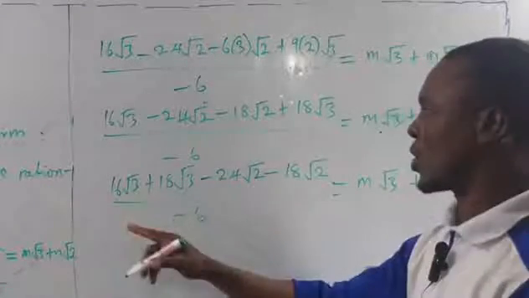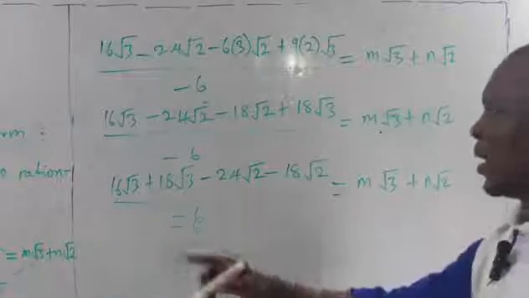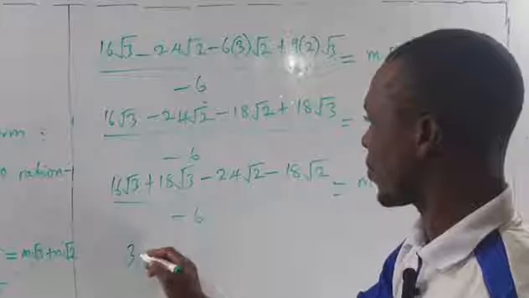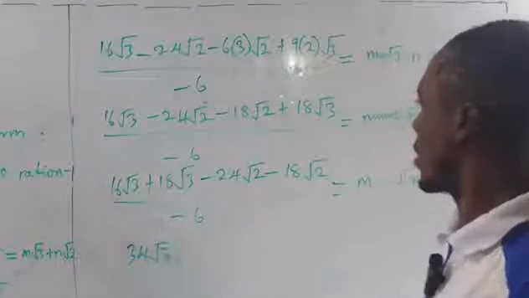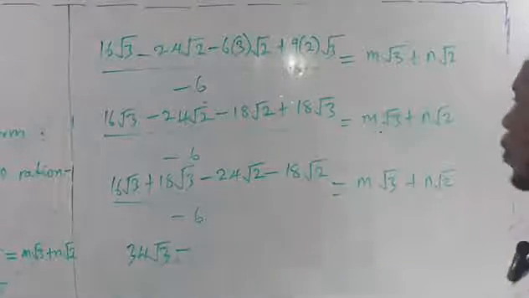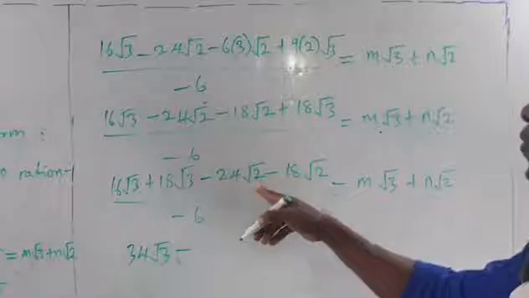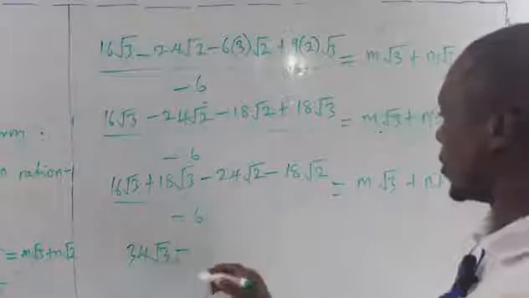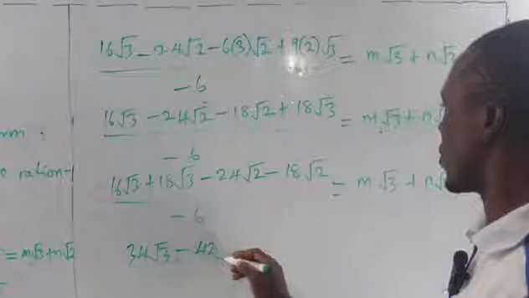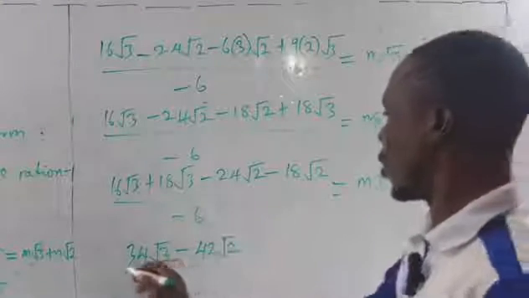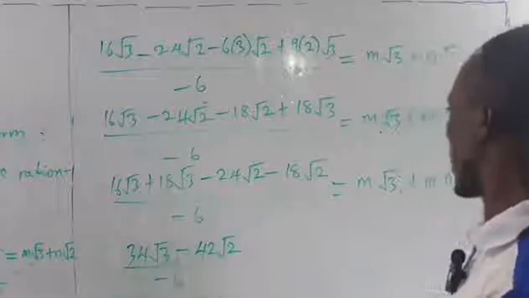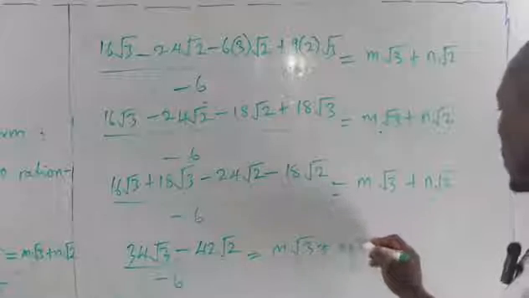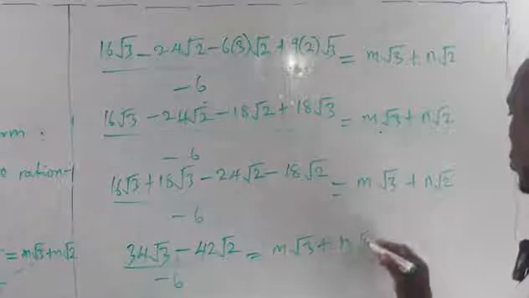So 16 root 3 plus 18 root 3, that is 34 root 3, then minus 24 root 2 minus 18 root 2 gives rise to minus 42 root 2 all over minus 6, which is equal to m root 3 plus n root 2.